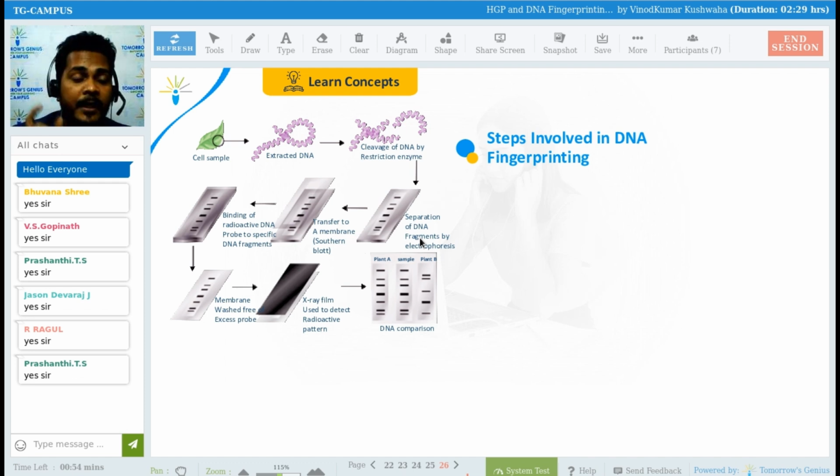So you have to extract the DNA from that cell by using the gradient centrifugation technique. So you can easily isolate the DNA.